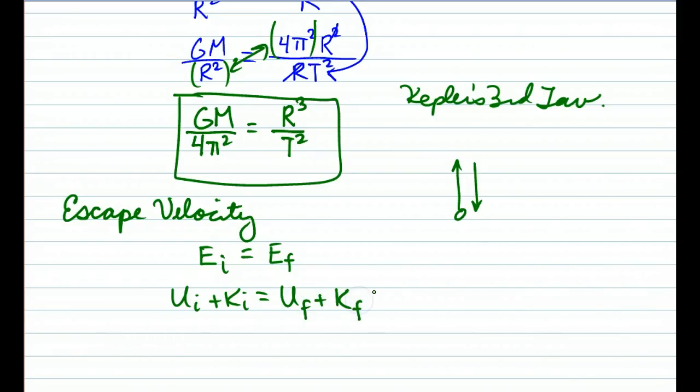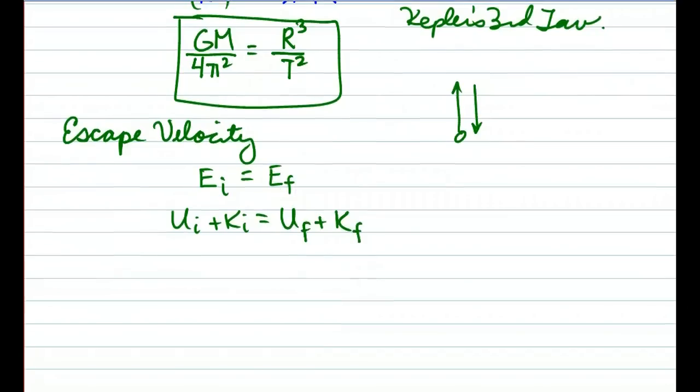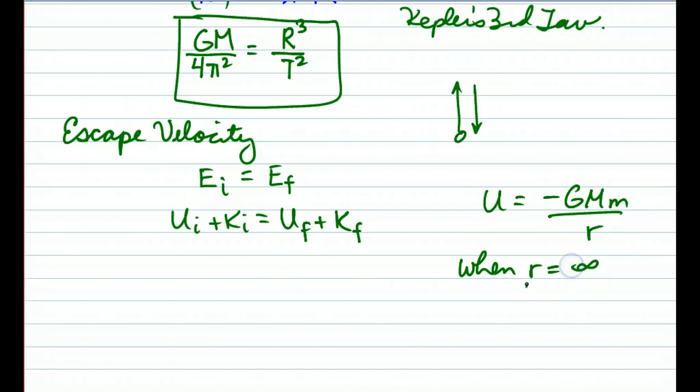Now remember we said that potential energy is negative GMm over R. So go back and review that video if you're like, whoa, what is that? Remember that this is like saying that at the edge of the universe, when R is equal to infinity, U is equal to 0.